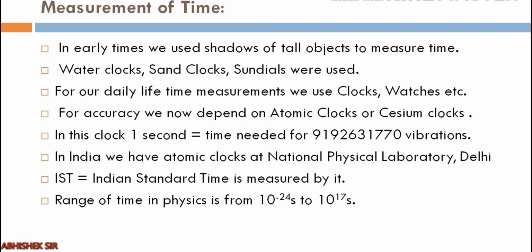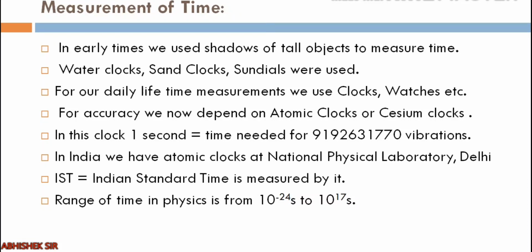So the second hand is connected with an element called quartz. When you connect the electric cell with that element, it vibrates. Okay, and that vibration only moves the hands of the clock. Clear? So basically, the vibrations are converted into motion in the clock.